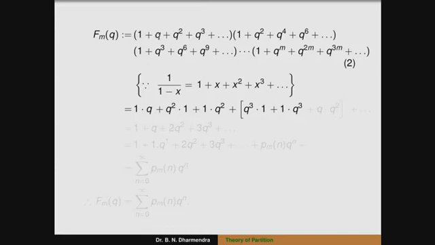So there are three possibilities for q cube: q cube into 1, 1 into q cube, and q into q square. And similarly up to infinite terms.